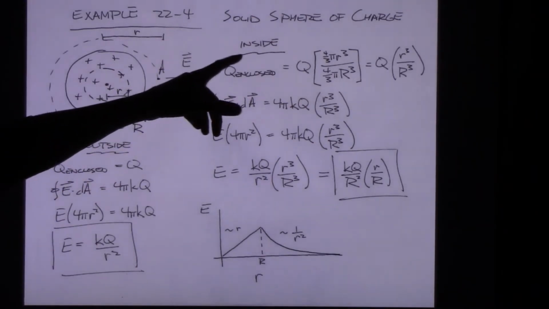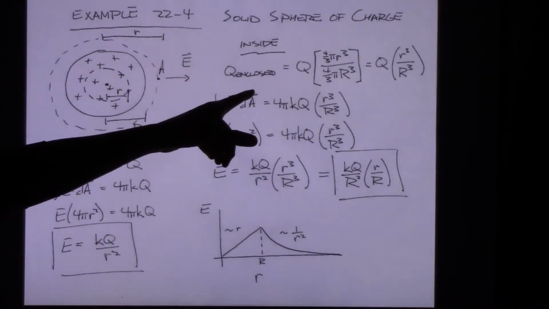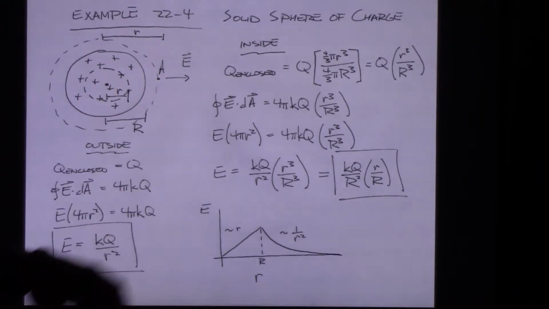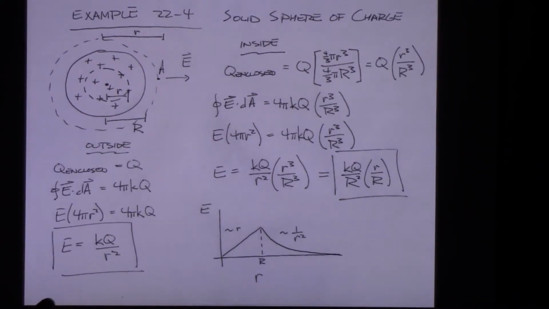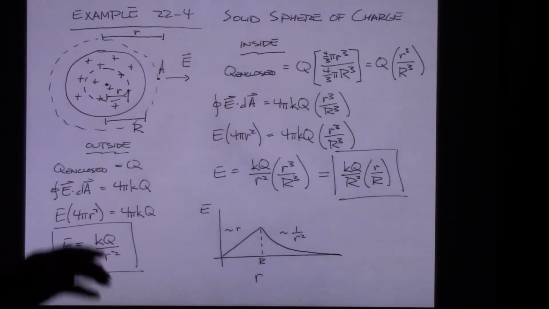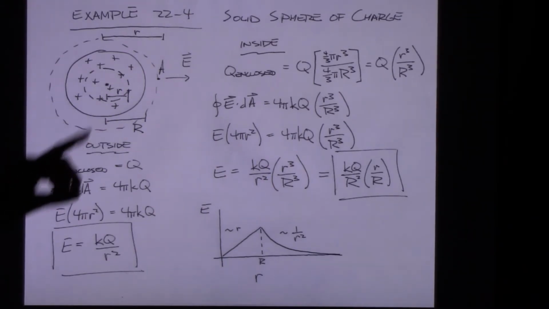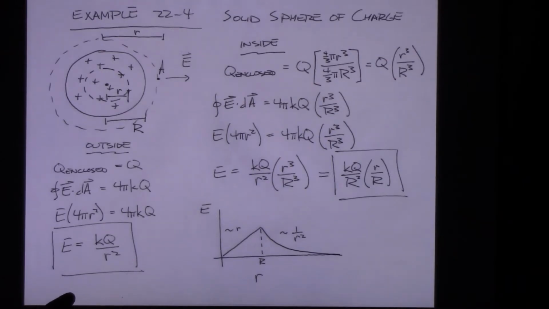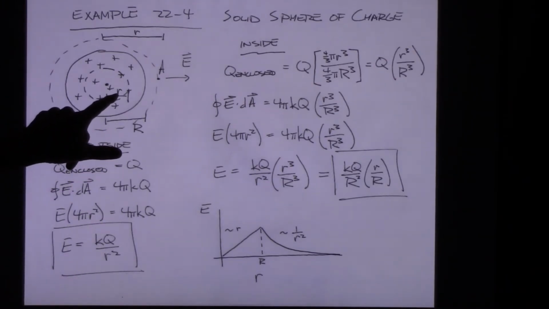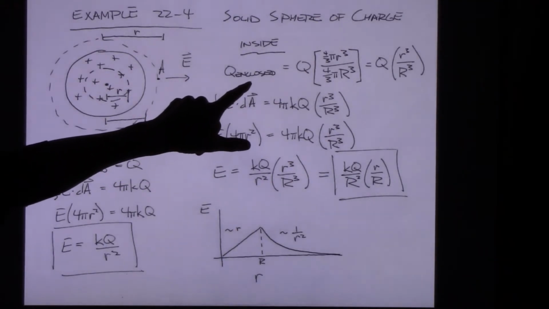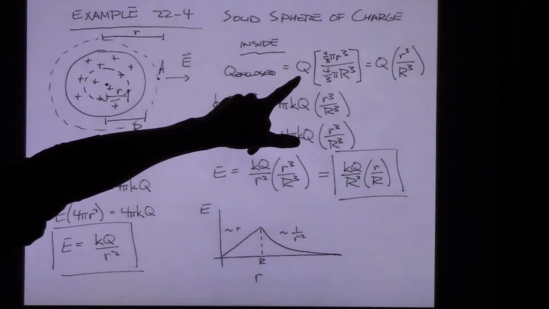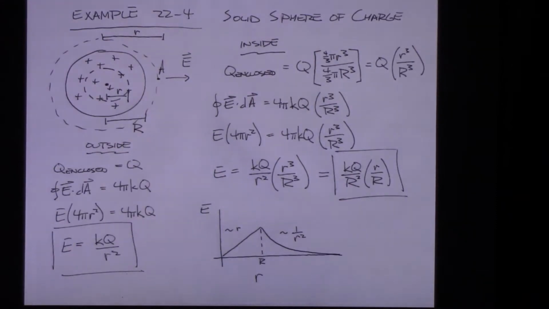Now, the inside becomes more complicated here. Remember before, the electric field inside was just 0. But now, if I draw a Gaussian surface inside at some, pick your favorite distance, we'll represent this now as little r for inside. The enclosed charge now is going to be some fraction of the total charge. The entire sphere has a charge of q.